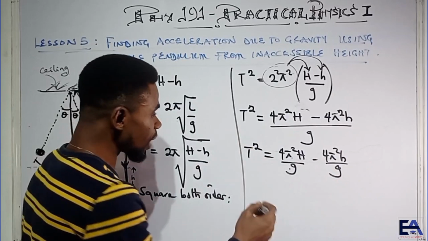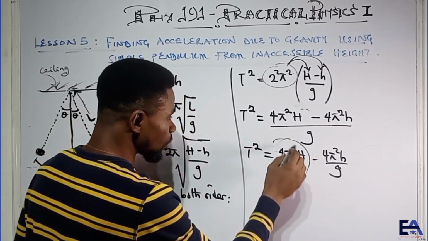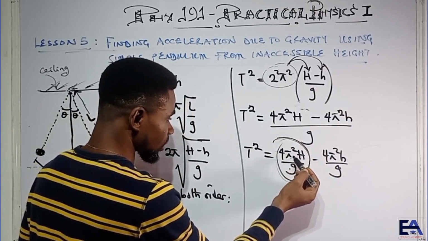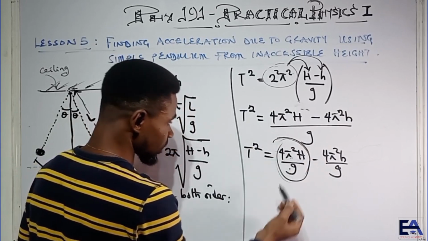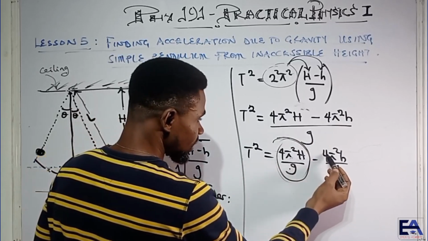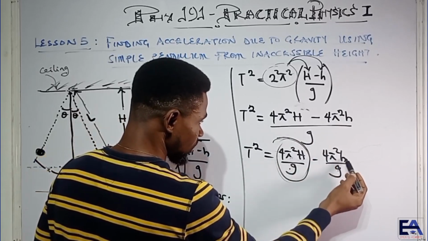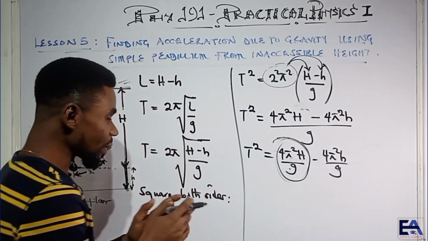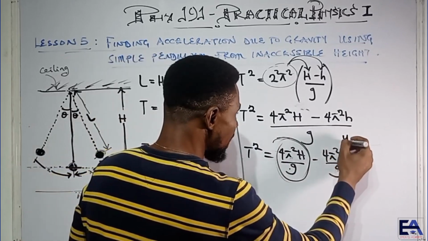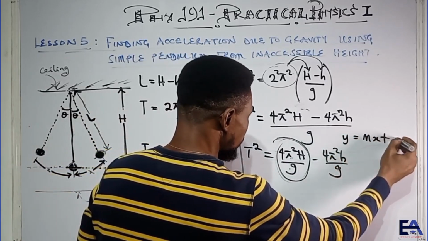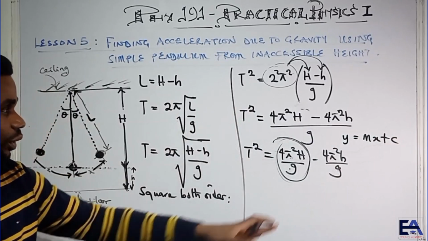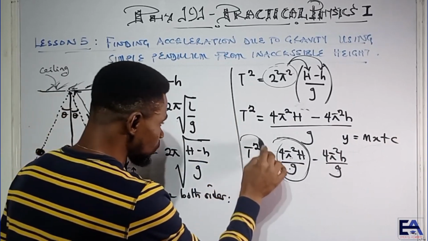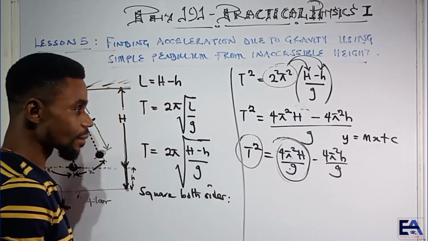Okay, we have all of the things here constant, variable, and then constant. So if you compare this to the equation y equals mx plus c, the equation of a straight line, you will see that this one represents our y.